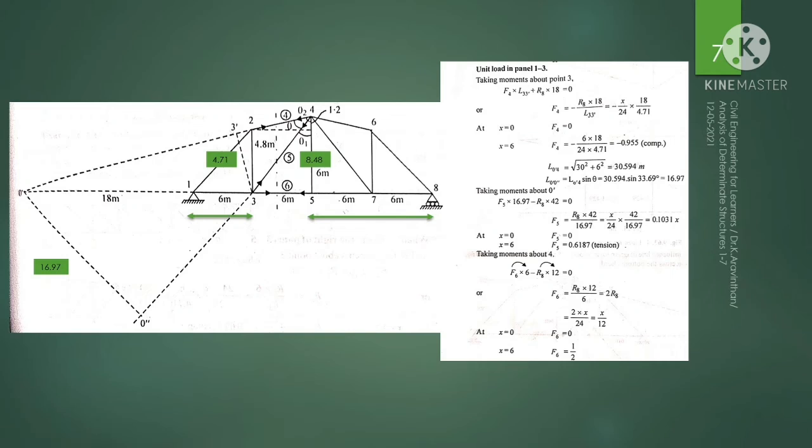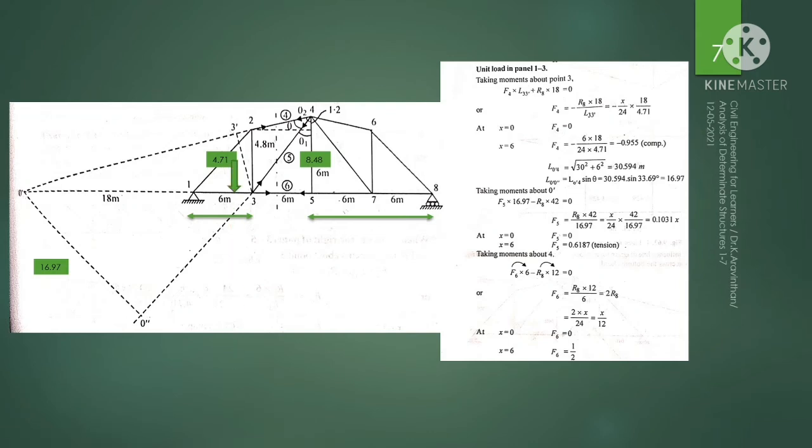If you want to find R1, it is L minus X divided by L. The length is 24 here, so R1 is 24 minus X divided by 24, and R8 is X by L, that is X by 24. By this understanding, we have already found out these values, that is this hypotenuse is 8.48 and this distance is 4.75, and the remaining distance.